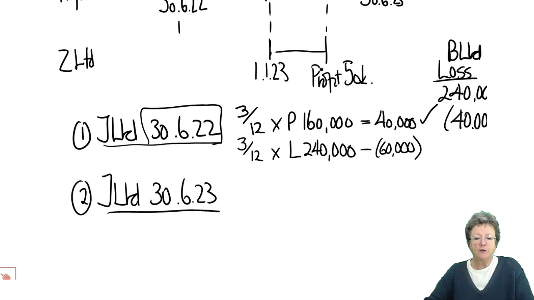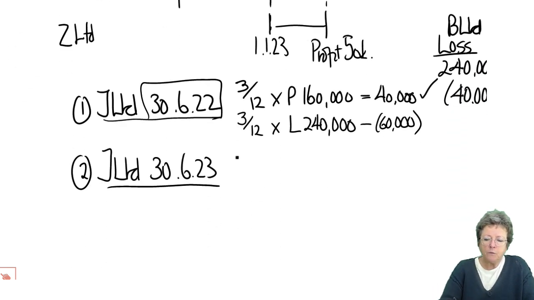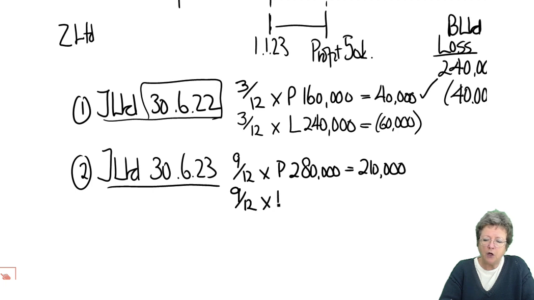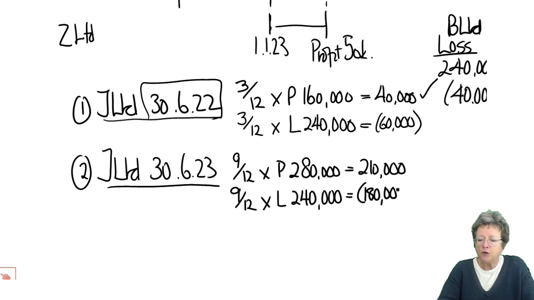So we need to know it's the lower of the profit of 280,000, which is 210, or the corresponding loss of 240,000, which is 180,000. We choose the lowest figure, which is this one.